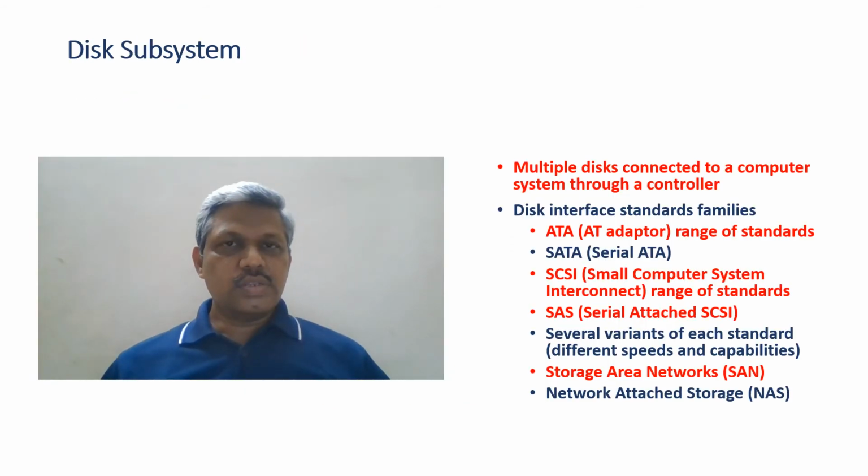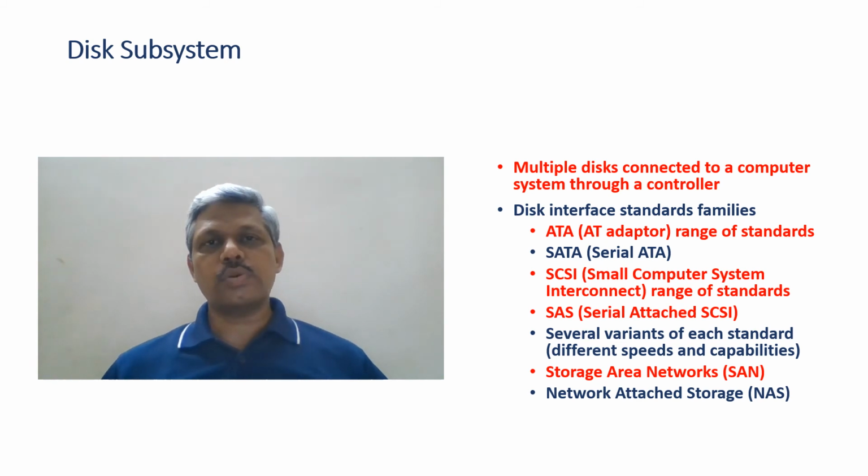Another important feature in storage mechanisms is the maintenance of disk subsystems, where a large number of disk systems are connected to a computer through a controlling functionality, which guides the data transfers between the computer systems and these disk systems.